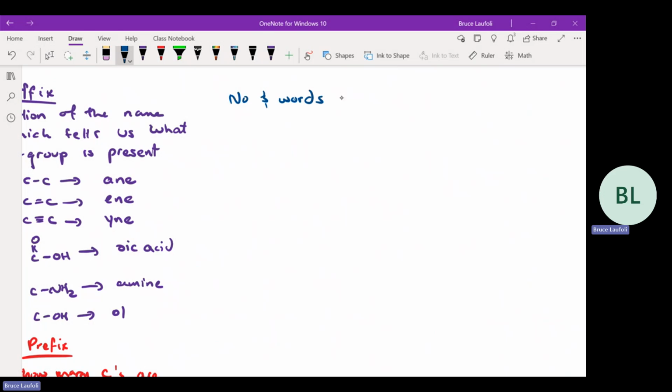They need to be separated by a dash. So anytime you're going to do a number and then a word, you need to put a hyphen. This separates a number from a word.